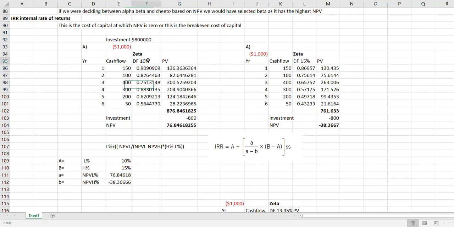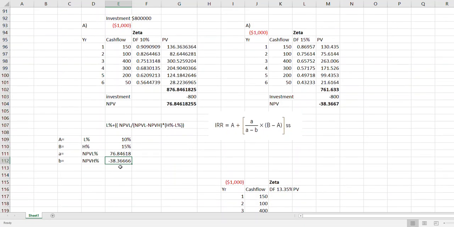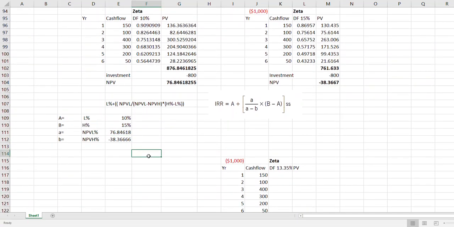So in our example here, the lower percentage is 10%, higher percentage is 15%, and NPV of lower percentage is 76, and NPV of higher percentage is minus 38. So now let's calculate it. So we have 0.10. I will leave it here.